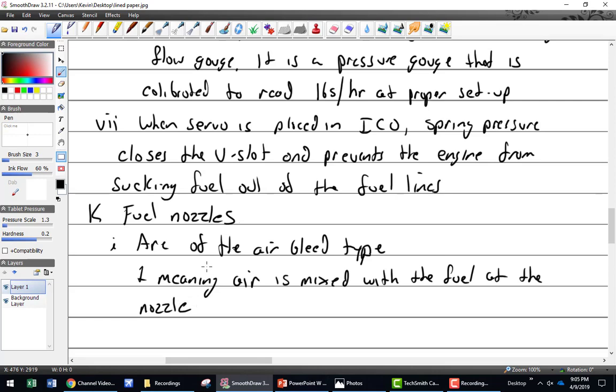Not combustion air, mind you. That's a whole other thing. That's the whole 12 parts of air coming somewhere else. This is just a little bleed air, or air bleed, I should say, so that we can emulsify the fuel.